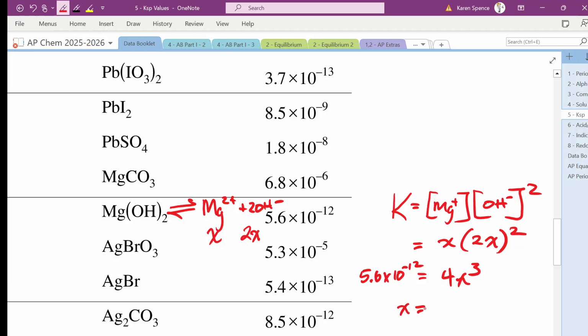So X is going to be equal to the cube root of 5.6E-12 divided by 4, which is 1.1 times 10 to the minus 4.